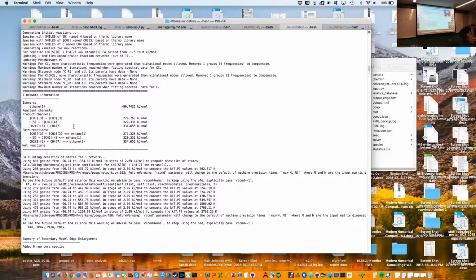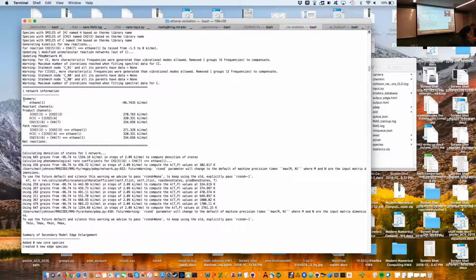But as you can see here, what we're doing is we're looking at this network as constructed, and it's telling us what the isomers are. So in this case, it's just ethane. It could be two species reacting together. It could be not isomers. But we're starting the network from ethane, and it's listing the possible product channels.